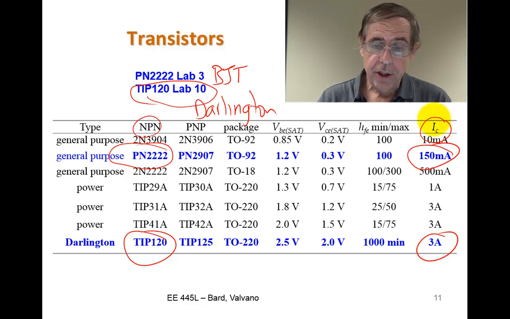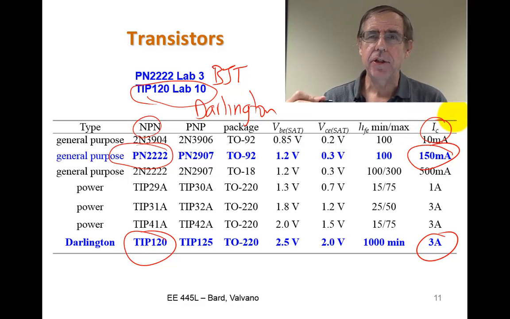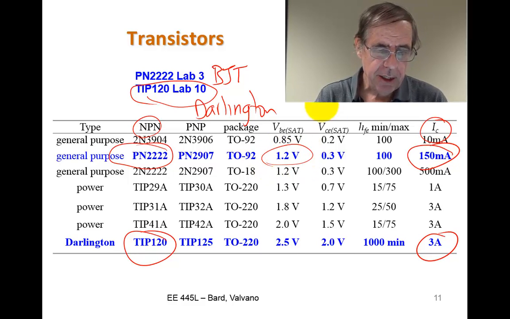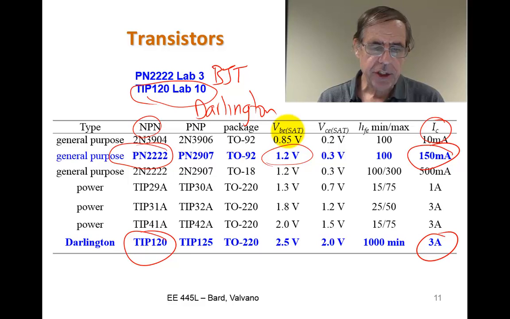The collector current specification tells you the maximum current that this transistor can handle before it breaks down. We can see that this 150 is bigger than the 100 we estimated before, and so it will operate. One of the interesting parameters is the VBE, the saturation voltage.